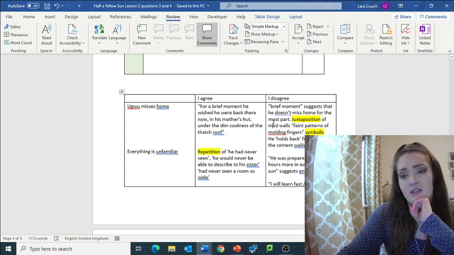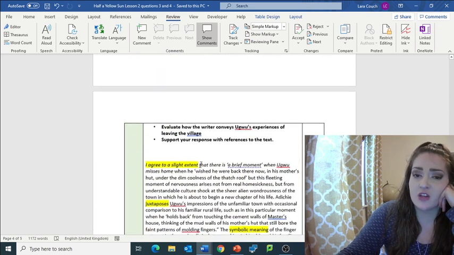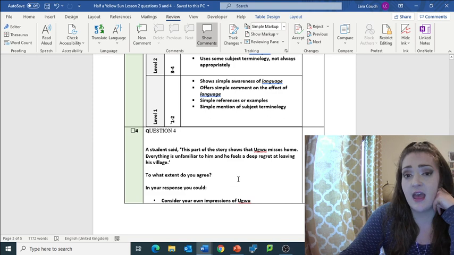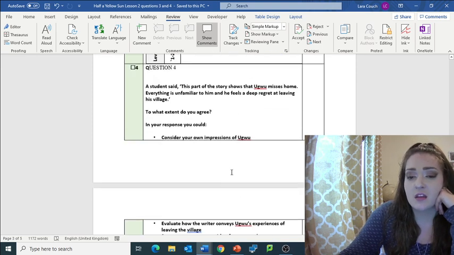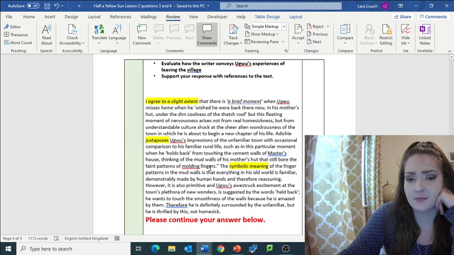So that's you agree and that's you disagree. If you notice, Mum's highlighted things like juxtaposition, symbolic, and repetition. So with question 4, you're not limited to just language or just structure. You can cover them both, but you need to be critical and analyse and answer to what extent you agree. So you can use structural or language devices in this particular question, if that makes sense.